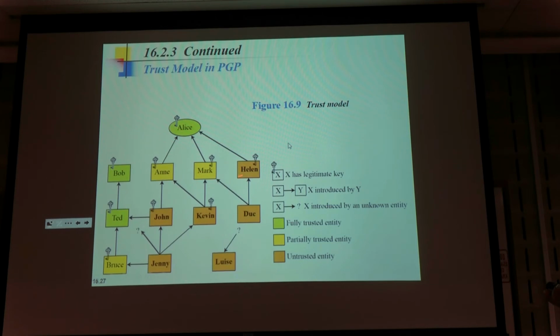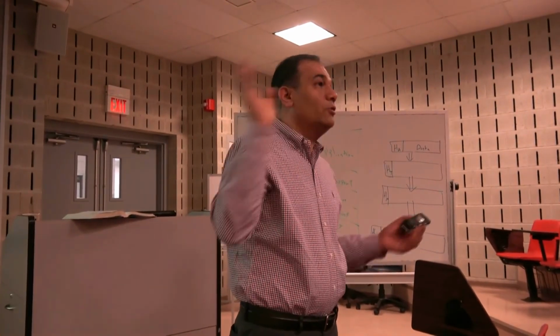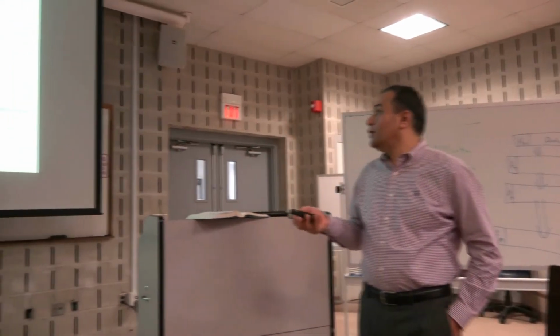She does not trust Helen, Duke, Kevin, or John, and fully trusts Bob and Ted. Why trust Bob? We said from the first example, because Bob sent the public key and she called him to ask if this is a real public key. So she trusts him 100%.